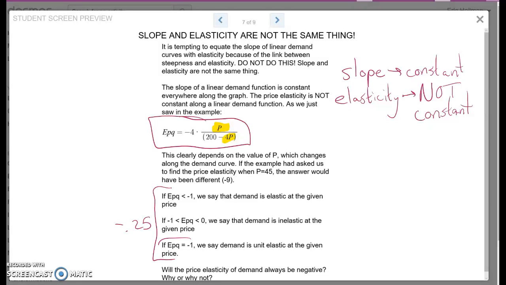And if the elasticity of demand is exactly equal to negative 1, we say that demand is unit elastic. It's neither elastic nor inelastic. So negative 1 is like the cutoff point. If you get an elasticity that's less than negative 1 over here, that's elastic. If it's in between 0 and negative 1, that's inelastic.